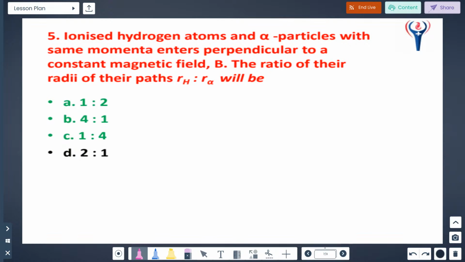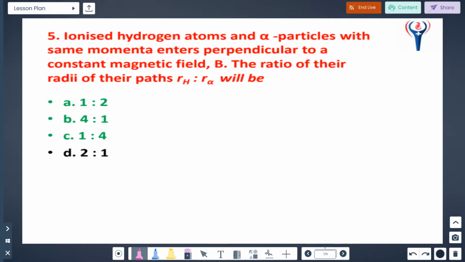Ionized hydrogen atoms and alpha particles with same momenta enters perpendicular to a constant magnetic field B. The ratio of the radii of their path RH is to R alpha will be dash. Here it rotates in a circular orbit.